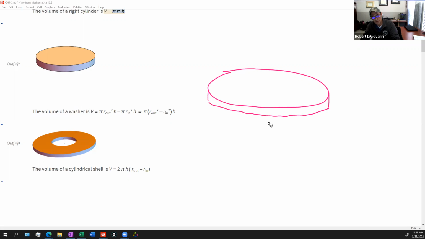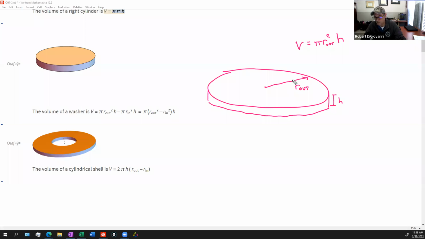Like this. Let's say that the radius of this one, we'll call it R out. And then this right here, we'll call that H. Then the volume of this is going to be pi r out squared times H, right?